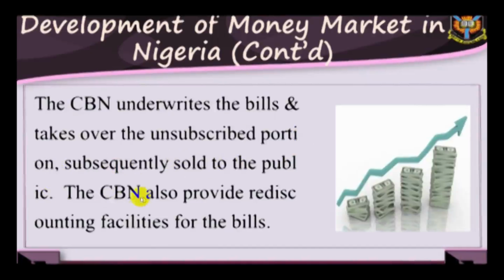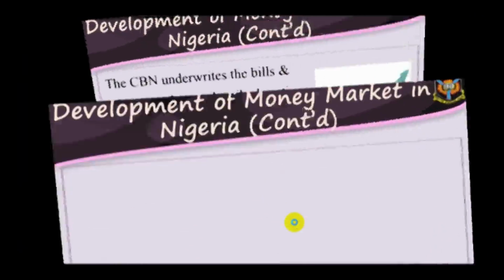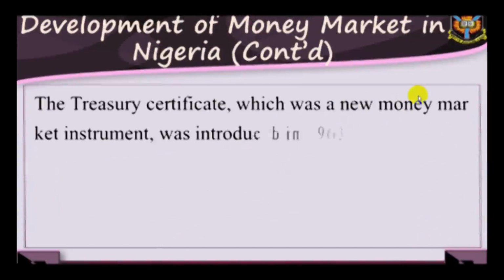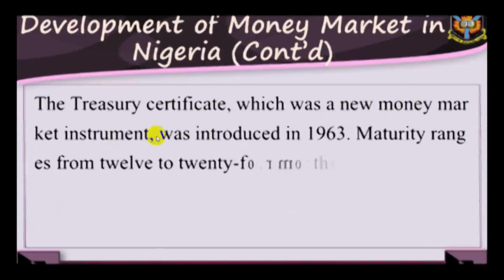The CBN also provided rediscounting facilities for the bills. The Treasury Certificate, which was a new money market instrument, was introduced in 1963. Maturity ranges from 12 to 24 months.